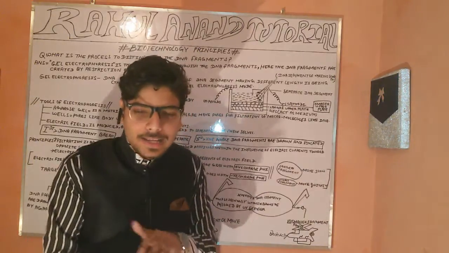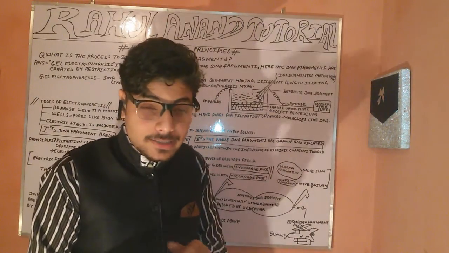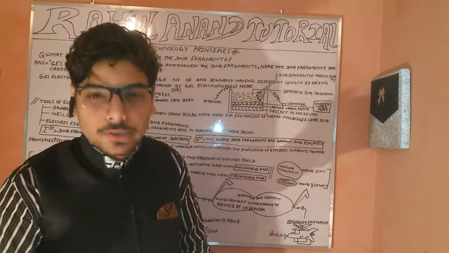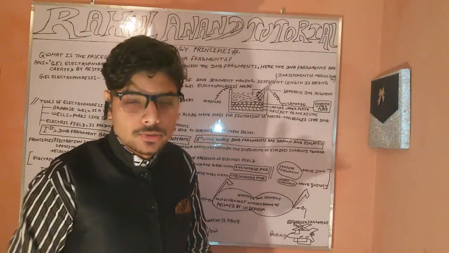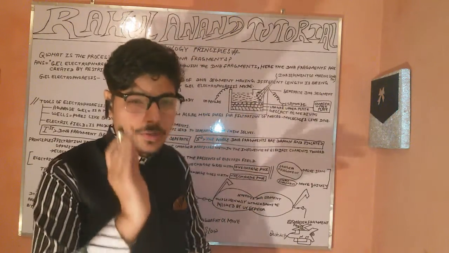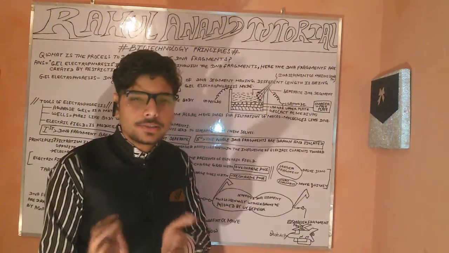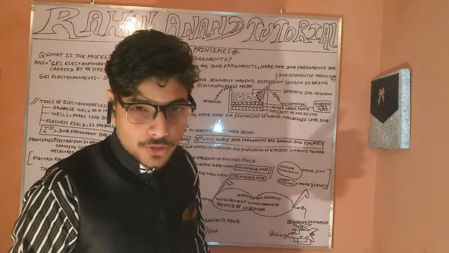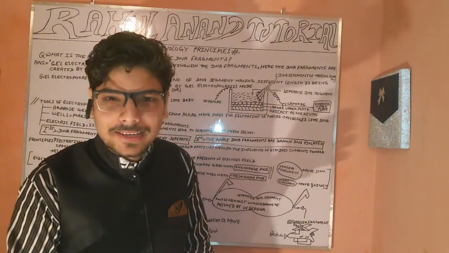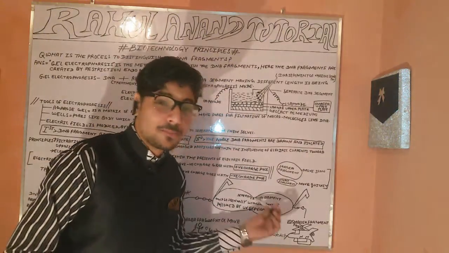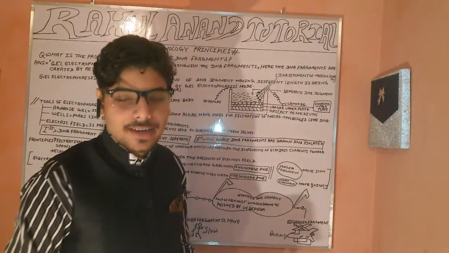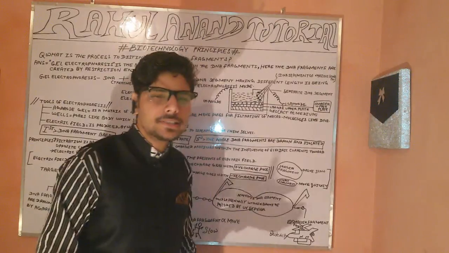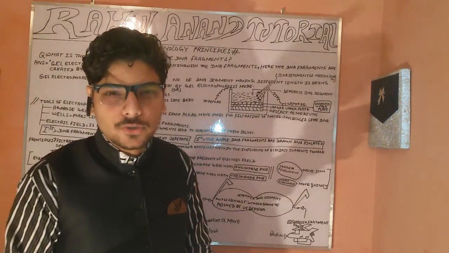As we apply the electric field, these will start to radiate, cross bond, and divert. There will be separation of the larger molecules as well as the smaller molecules. The smaller molecules will travel faster, while the larger molecules will travel slower. This is the method of the electrophoresis technique.